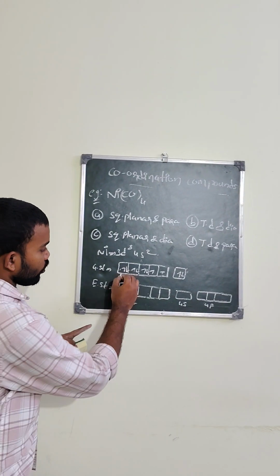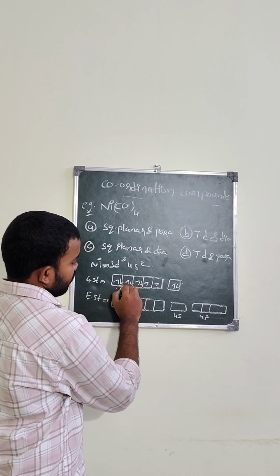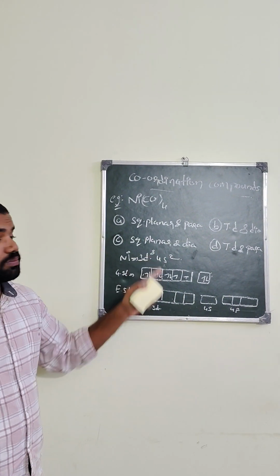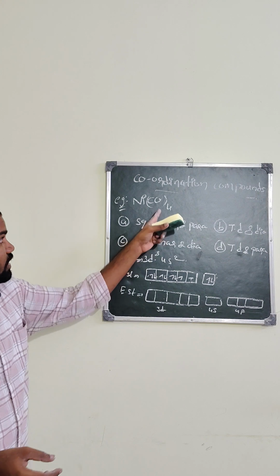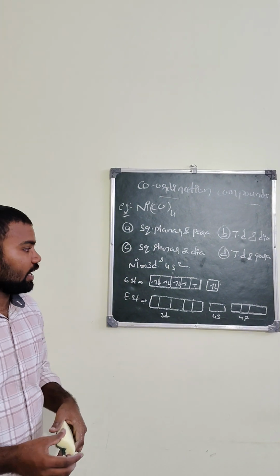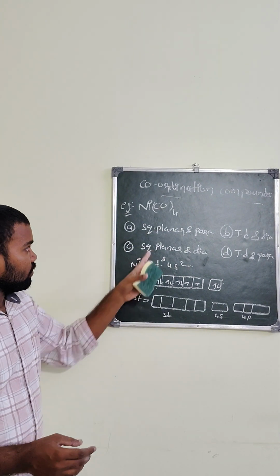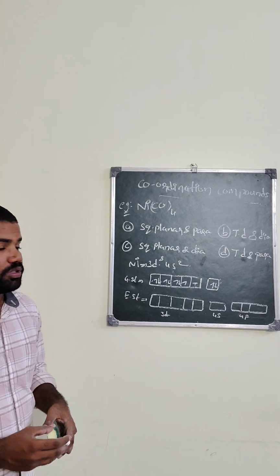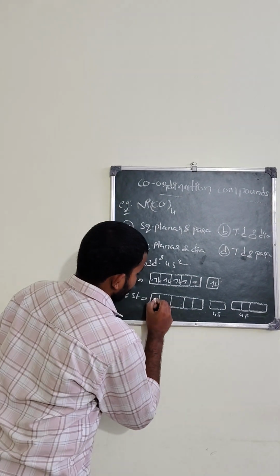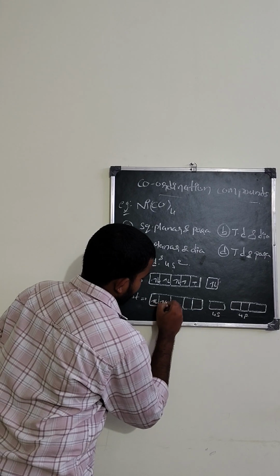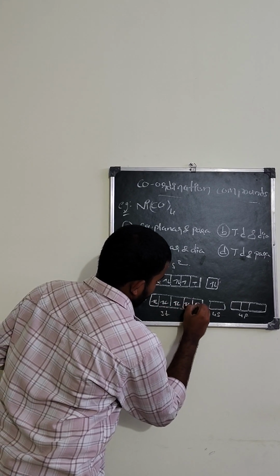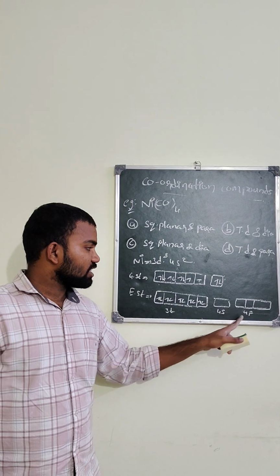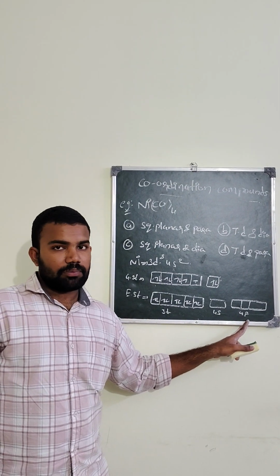Okay, so in total how many electrons? 3d8 4s2 is total 10 electrons. These 10 electrons become paired. Why? Because CO is a strong field ligand. So when CO is coordinated to the nickel atom, all electrons get paired. So there is only a vacant 4s orbital and 3 4p orbitals.